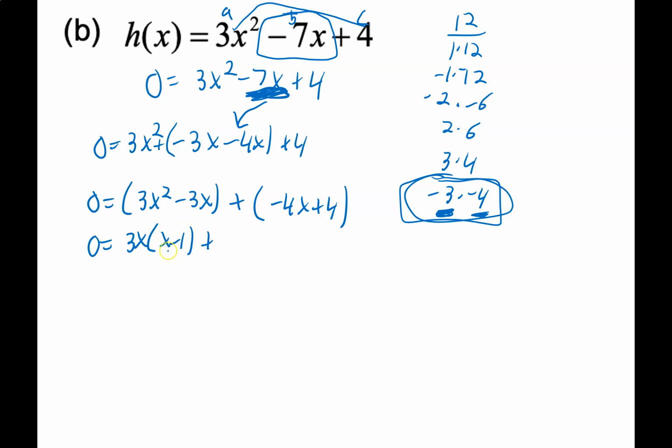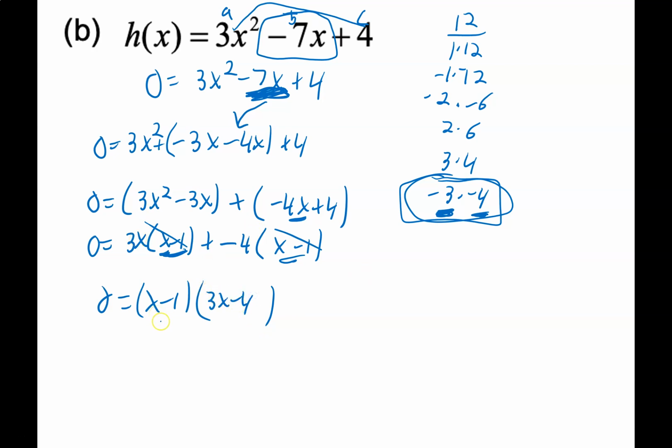Well, notice here my x is positive and here it's not. So I'm going to actually factor out a negative number, and they both have a 4 in common. So negative 4x divided by negative 4 is x, and 4 divided by negative 4 is 1. So I have the common factor x minus 1. And after you get rid of that, I'm left with a 3x minus 4. So that's how that factoring technique works.